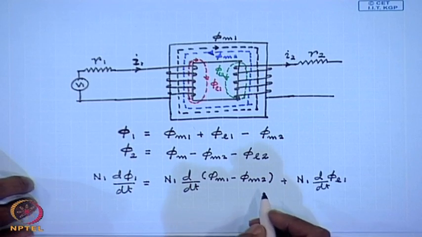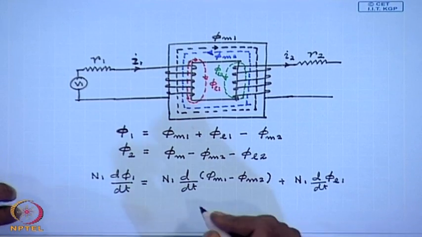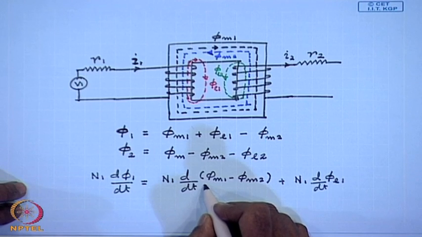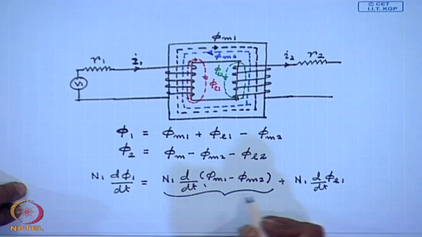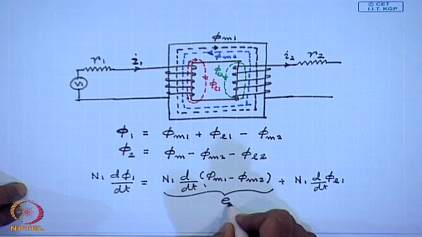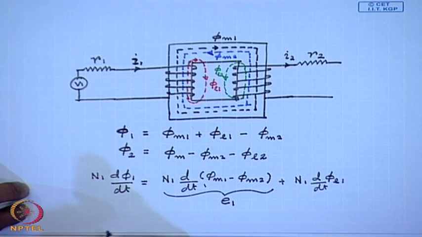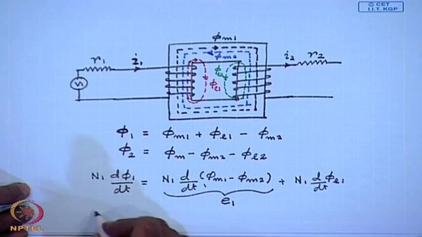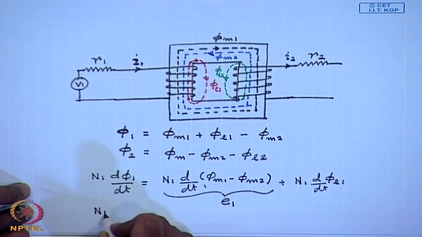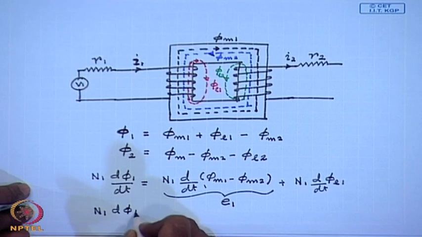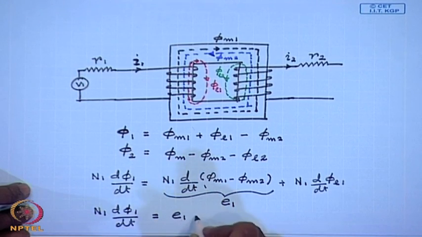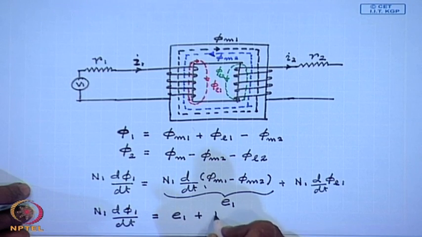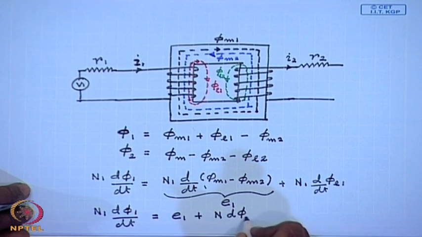Keeping the analogy with our discussion with the ideal transformer, let us call this term the induced voltage E1, then N1 d phi 1 dt equal to E1 plus N1 d phi L1 dt.